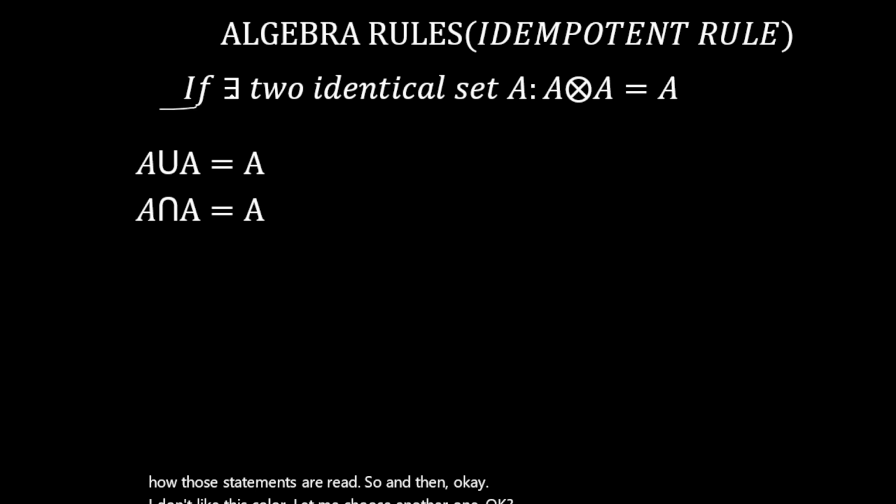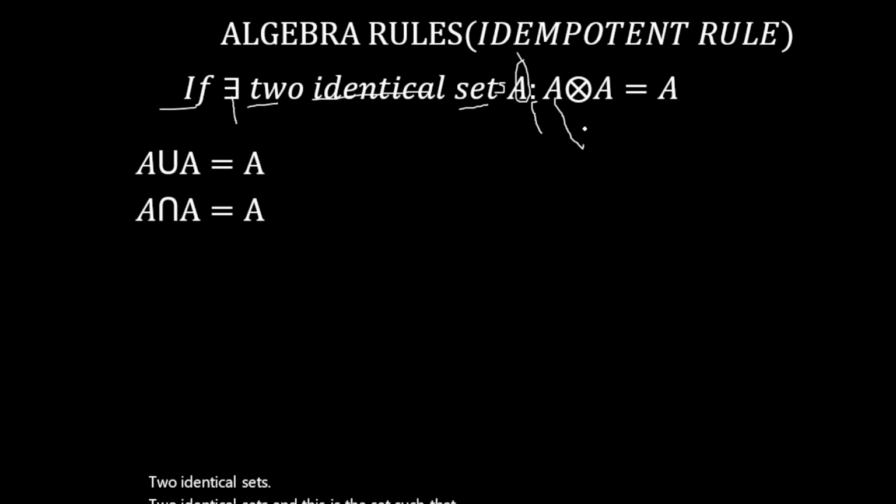If there exist two identical sets, and this is the set such that the first A combines with the second A and the result is A.